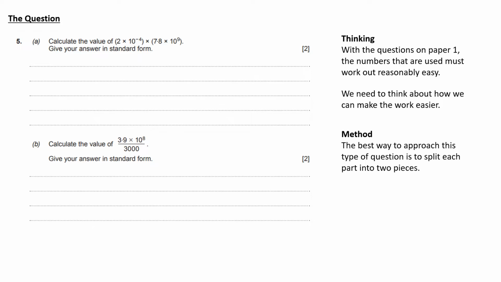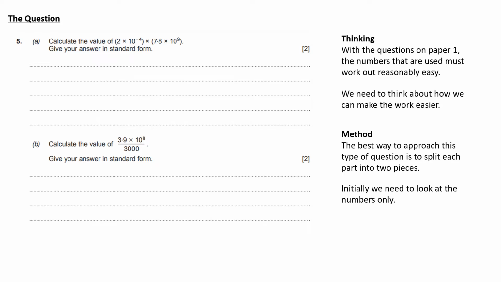Now, because the number in standard form is in two parts, in this case, in part A, the number 2 is an integer and then times 10 to the power, and then you've got 7.8 times 10 to the power. So if you think of it as a number multiplied by 10 to the power, then we need to work on those.